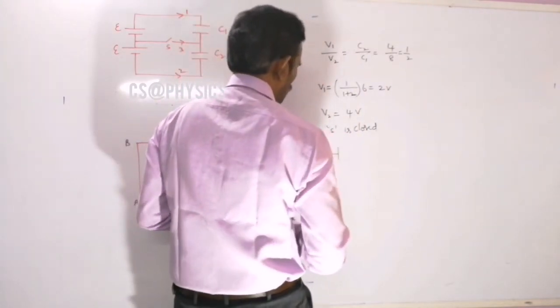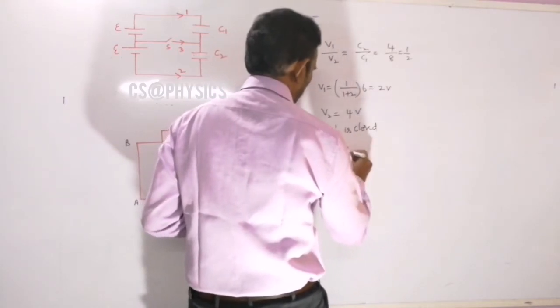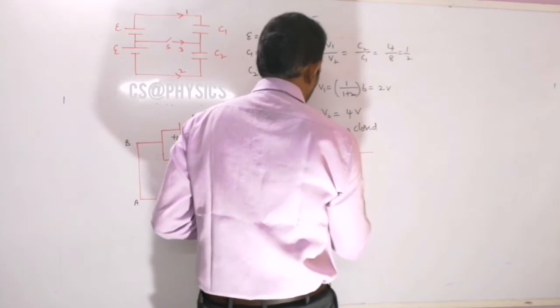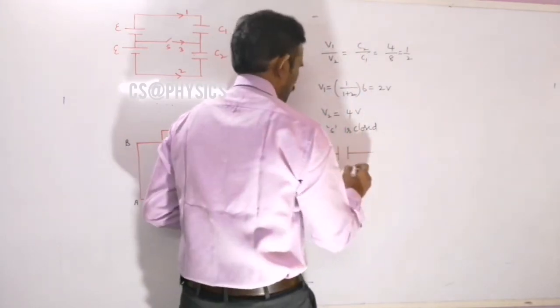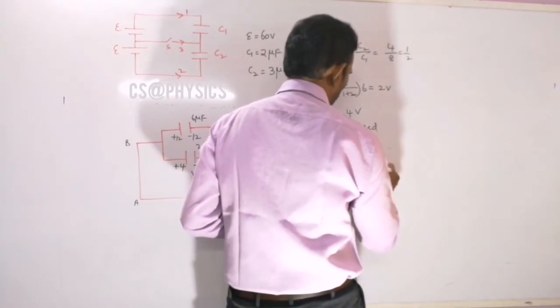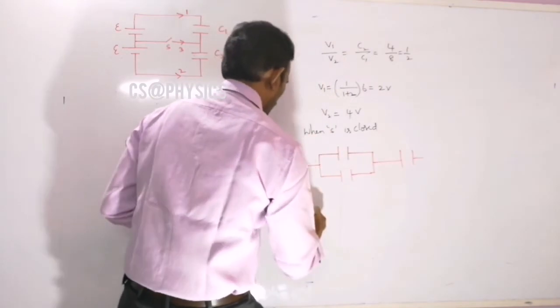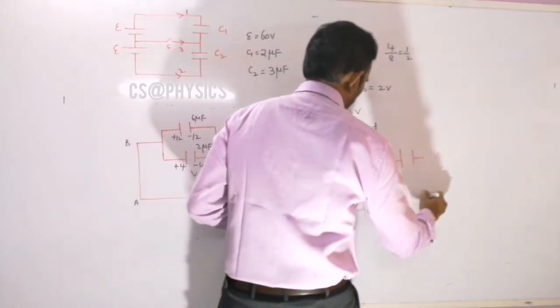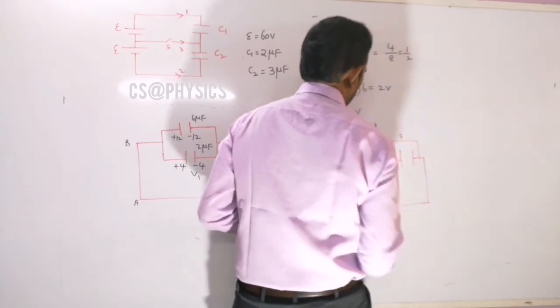So then this circuit we can write as, so these are the two capacitors here. These two are in parallel and now this is the 4 microfarad, and this is our remaining circuit here, and this is the switch closed here, right?